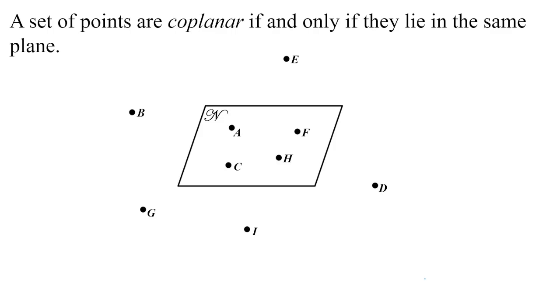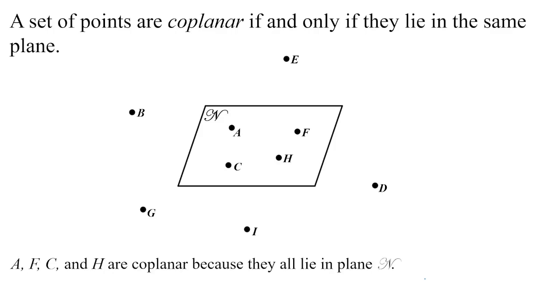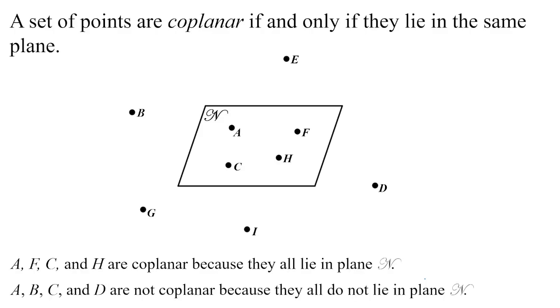A set of points are coplanar if and only if they lie in the same plane. So, for example, points A, F, C, and H are coplanar because they all lie in plane N. They all lie in the same plane. Whereas, let's say A, B, C, and D are not coplanar.